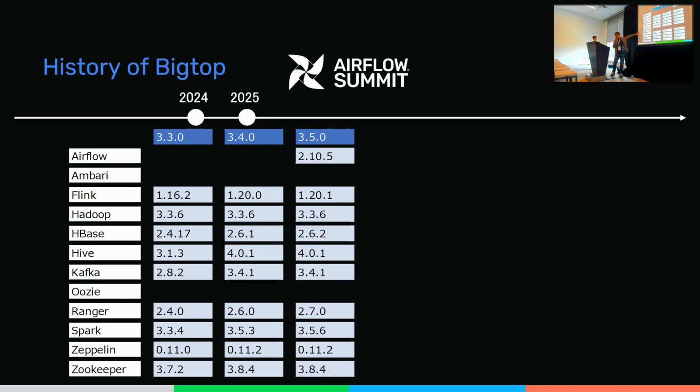And Oozie was the workflow engine previously used in the Hadoop distribution. Then we added Airflow as a new workflow engine to the stack on Bigtop 3.5.0, released last month.